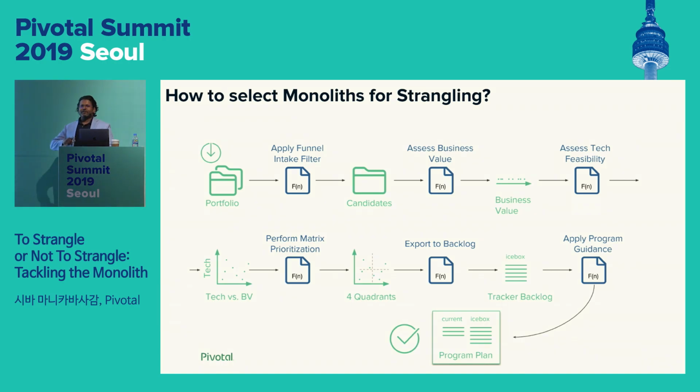This is a typical flow of how we go about figuring out which of your existing applications need to be rewritten and within rewrite, strangled, right? I'm not going to go through the details of this approach. We'll spend a little bit of time on how to strangle.